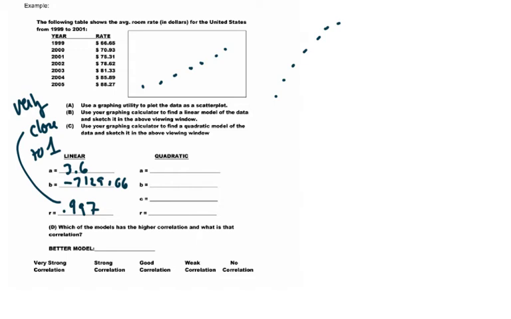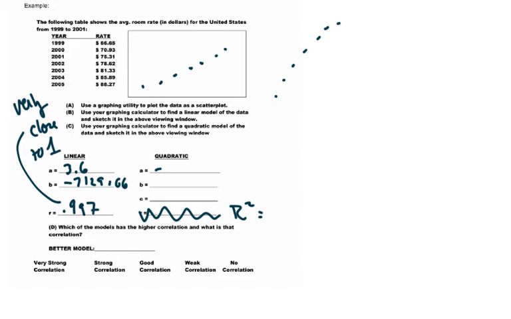The problem here with this handout is that quadratic regressions don't come up with R values. They come up with R squared values. So if you calculate the quadratic regression, you get something quadratic.